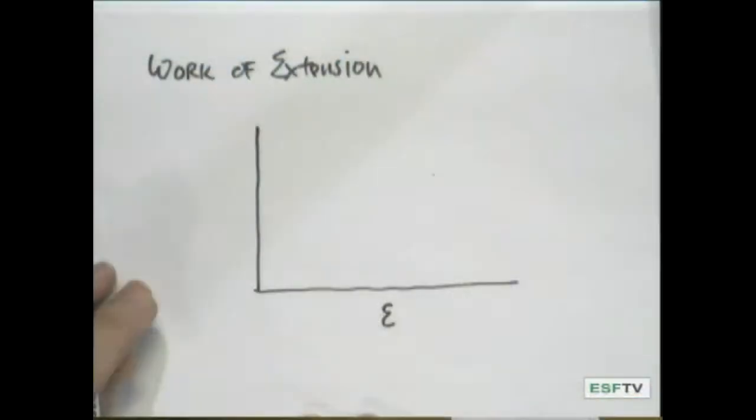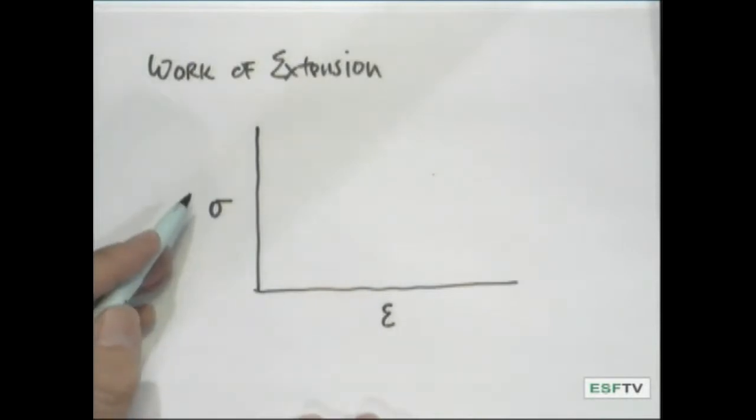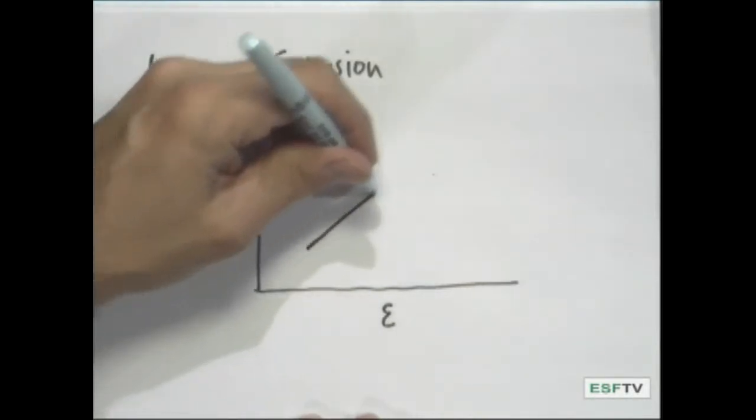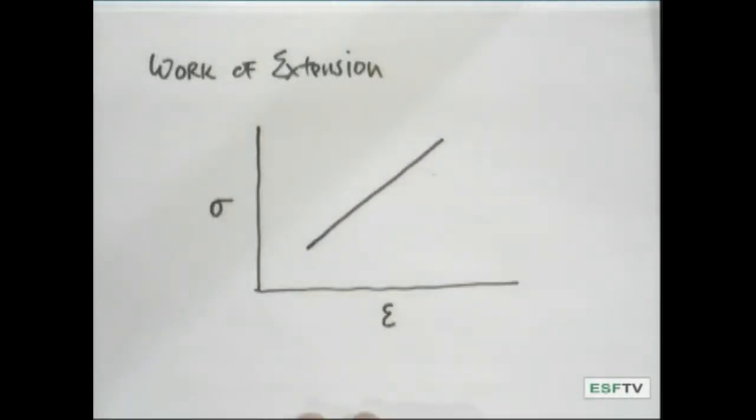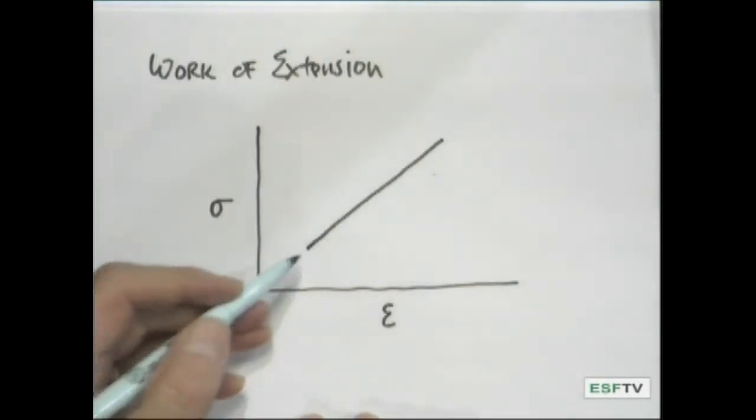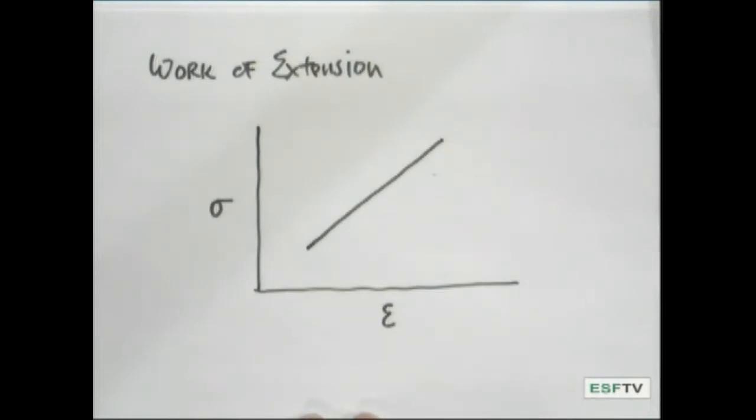Let's come over here to a graph, again, of strain versus stress, dimensionless, units of pressure. And let's say that we're dealing with a nice, well-behaved material that has a constant Young's modulus along the degree of strain that we have imposed upon it.